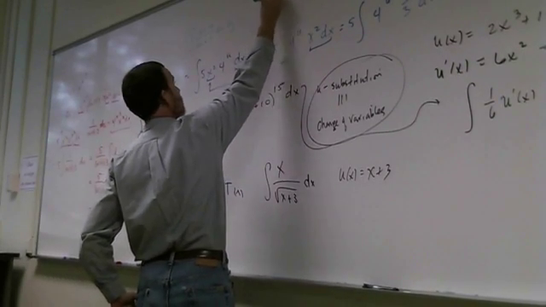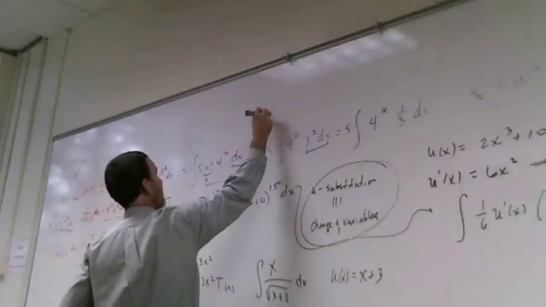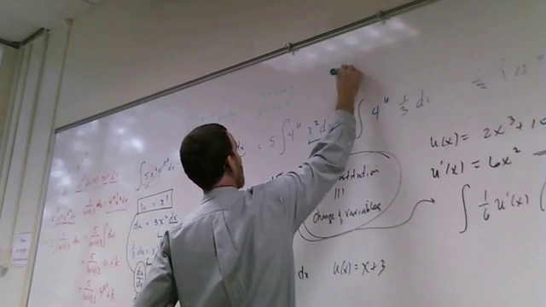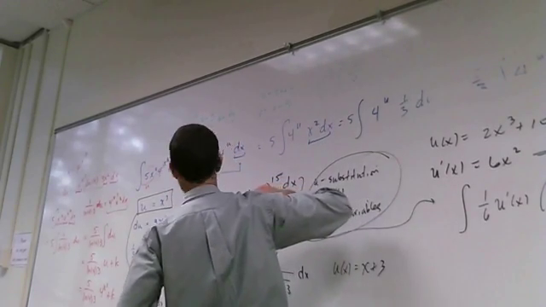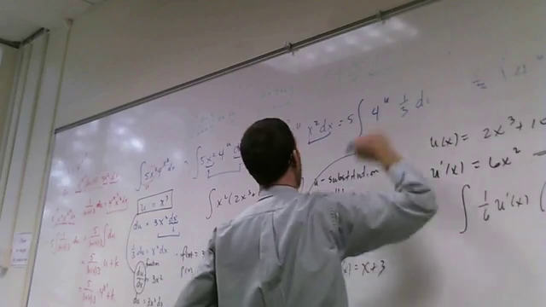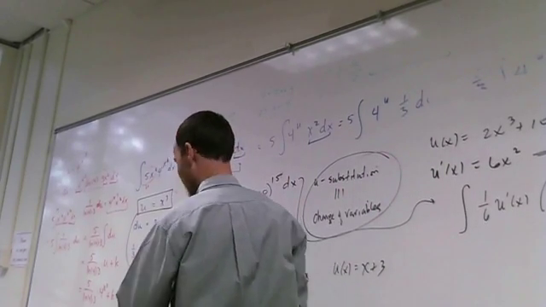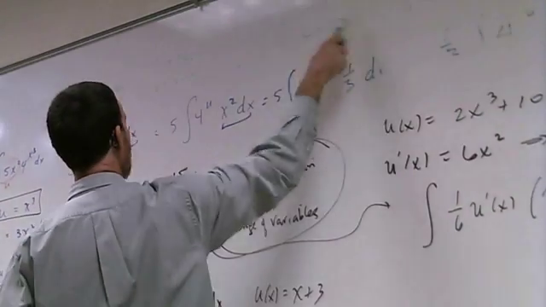Sometimes you'll let u equal 2x plus y and v equal x minus y, and now you just have the integral of u over v. But what goes out here? What is the du and the dv? Well, that's more complicated. It's not just du dv.